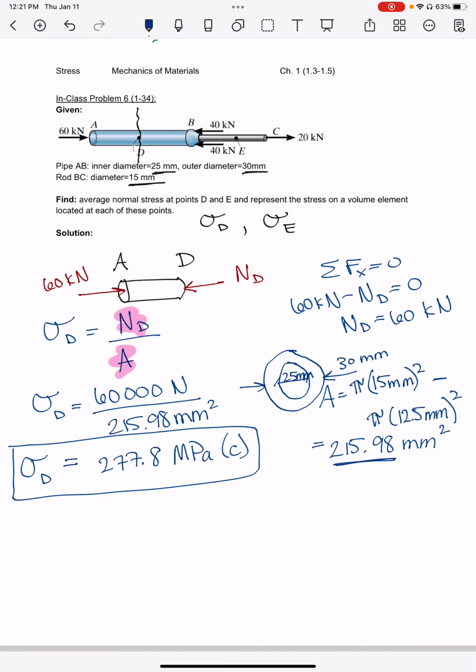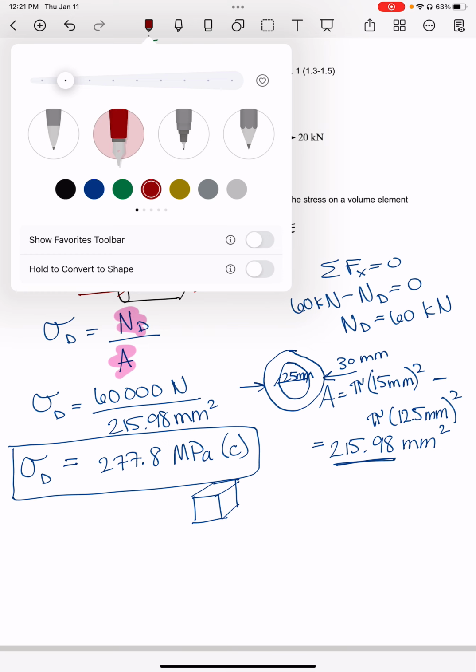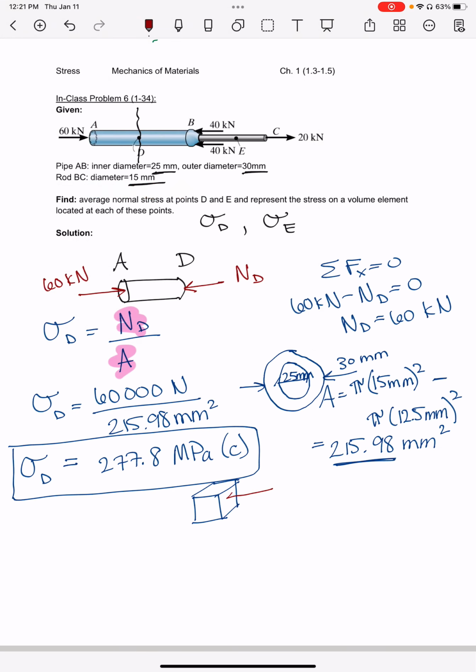And then they also asked us to represent the stress on a volume element. So I'm going to draw my little cube here. And we have 277.8 megapascals. And on the other side. Okay, so that's the first part.